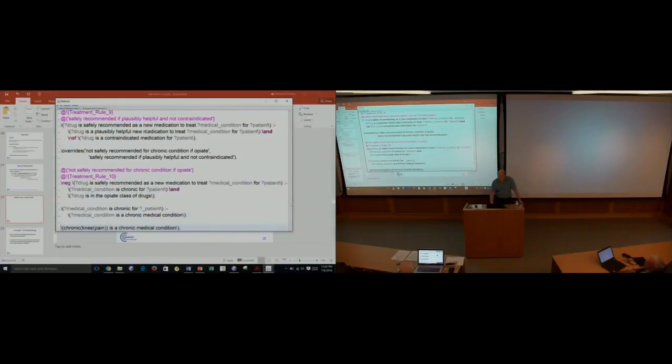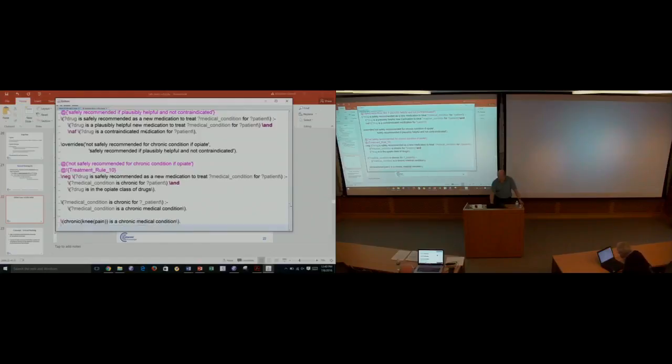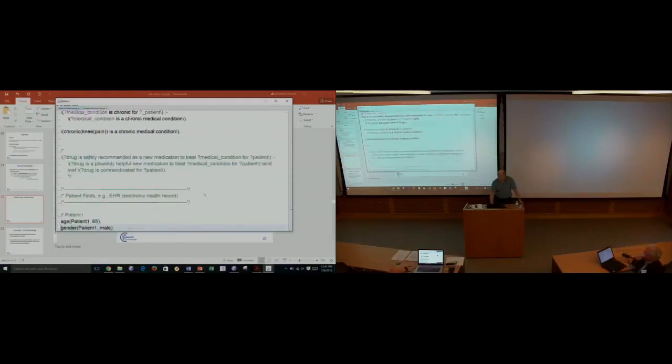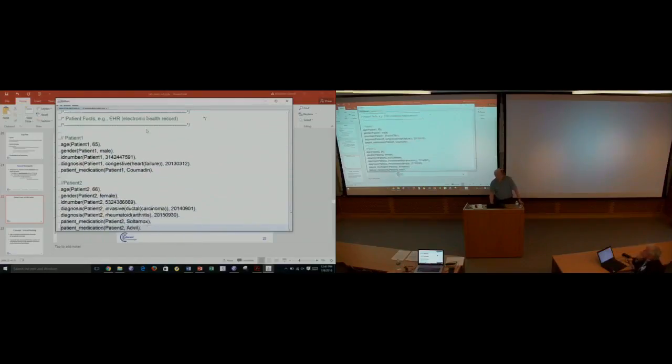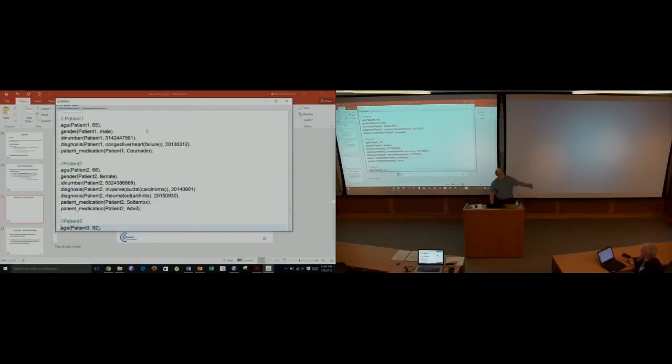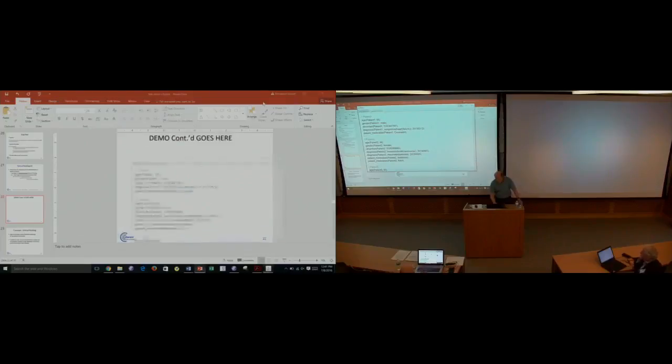It's not safe if it's contraindicated, or it's not safe for a chronic condition if it's an opiate, because people get addicted and then they run into problems. And then you have patient facts that could be pulled out of an EHR database in a clinical information setting. Okay, so just to give you some feel for what that looks like.